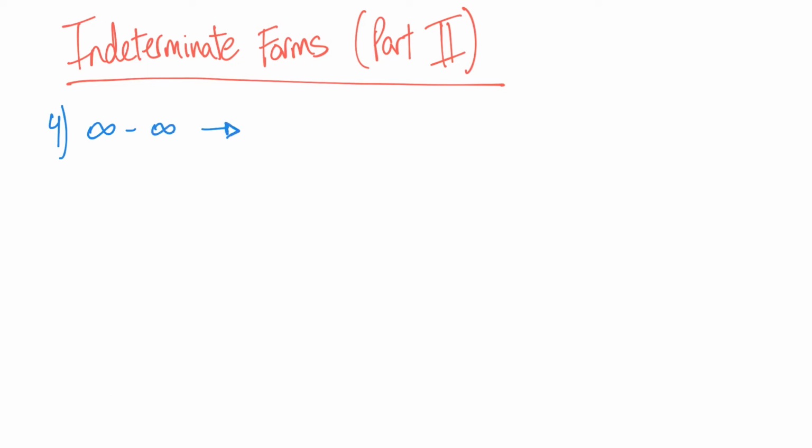And let's do a little example to exemplify this. So we're going to have the limit as x approaches 1 from the right of 1 over natural log of x minus 1 over x minus 1.